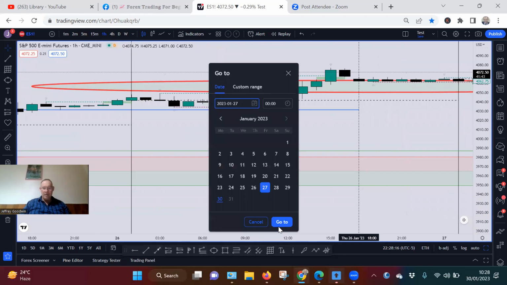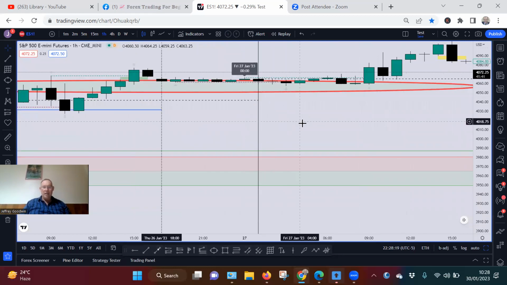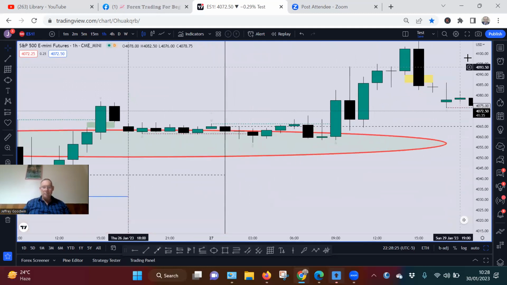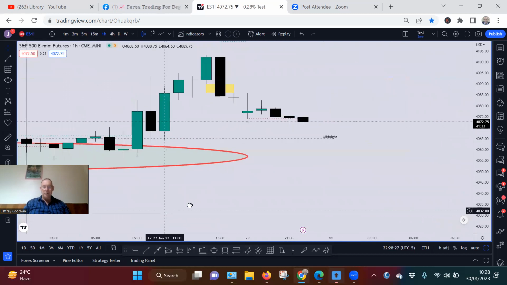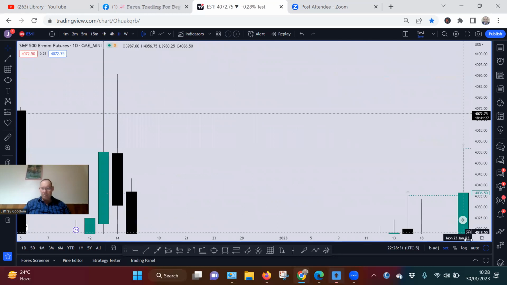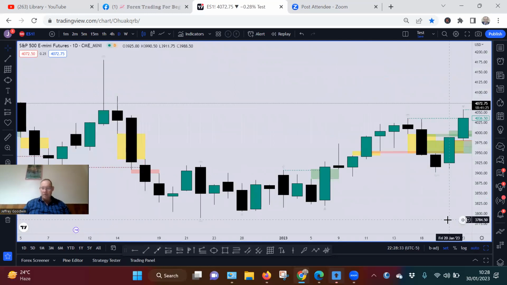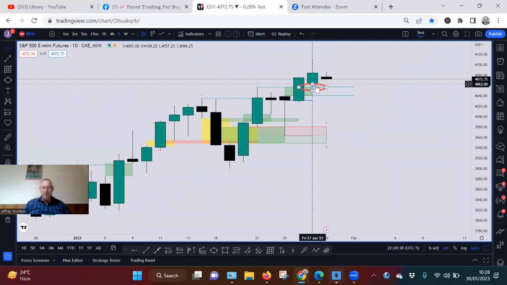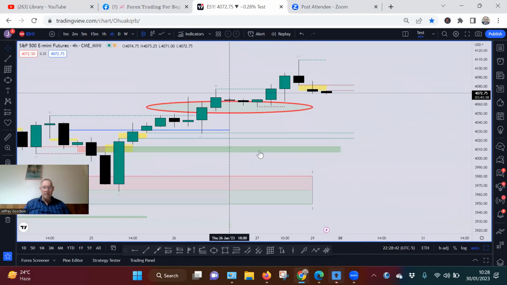I'm going to hit down there, 27, that day there. Now, look at this again. I'm going to get the shape of what's happening. This is one day after.